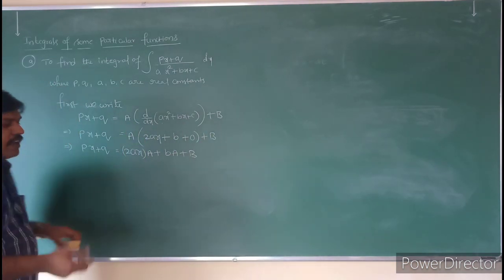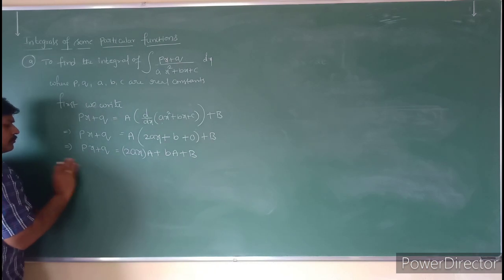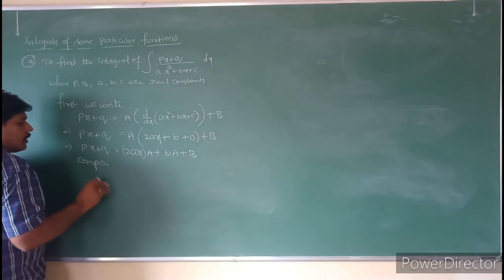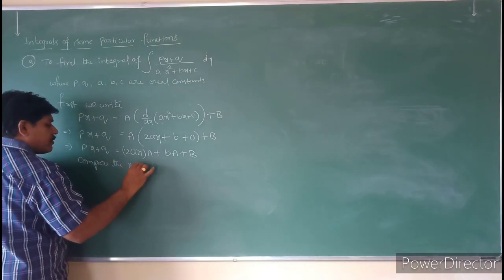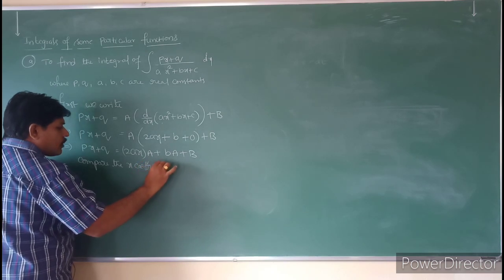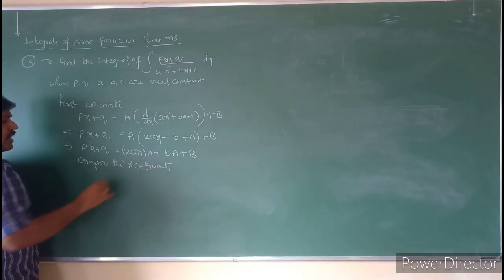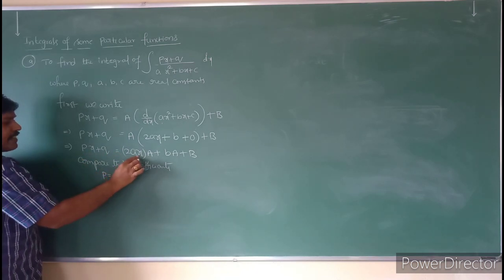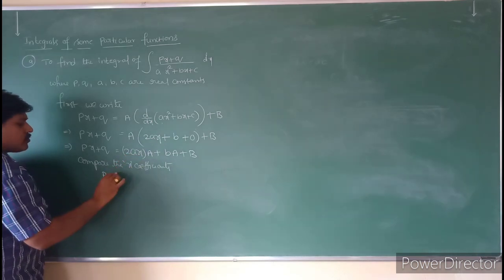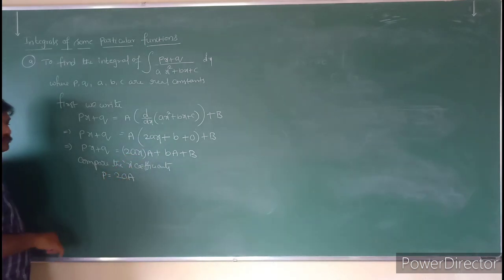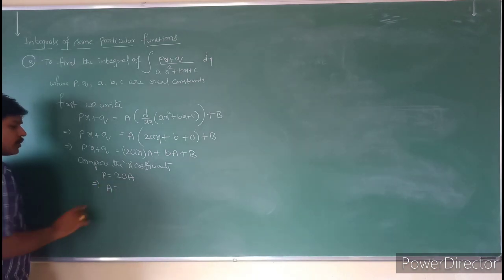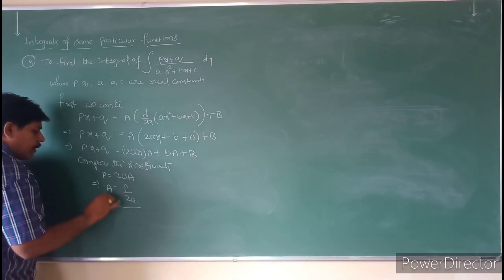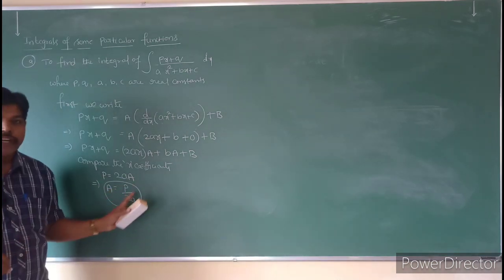First I will compare the x coefficients. What is the x coefficient on both the sides? See students, what is the x coefficient here? p. And what is the x coefficient on this side? 2a into a. So that is nothing but 2a. So that implies a is equal to, what is the a value? A value will become p by 2a.